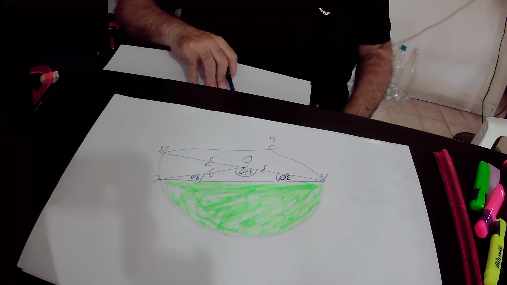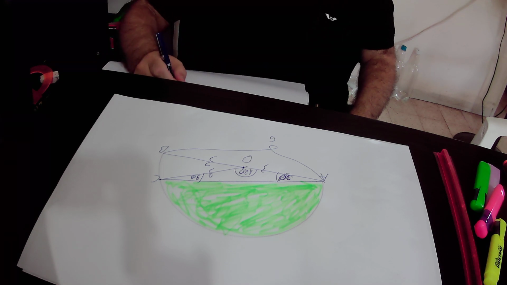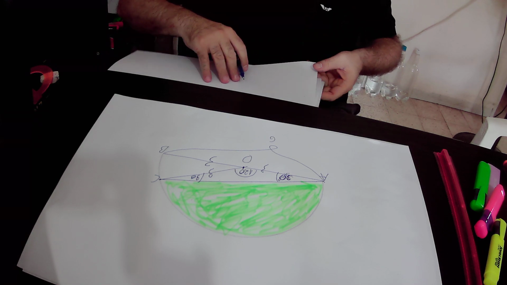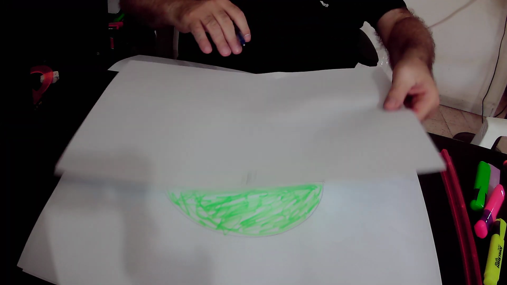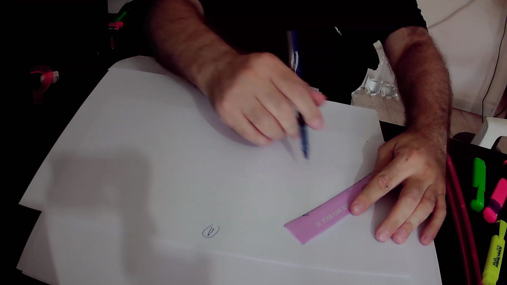What is the area of a sector? So if we have here sector AOB, this is sector AOB.